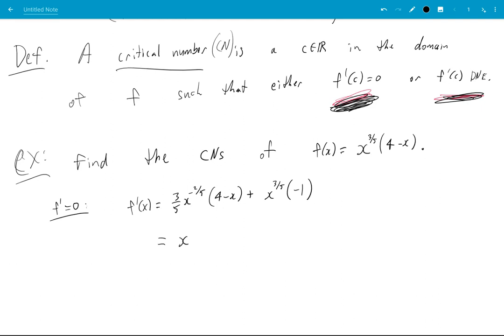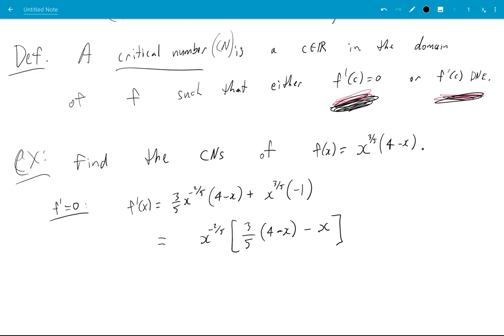Factor the smaller power of x, x to the minus 2/5. I could get fancier, but I'll just factor the smaller power of x and leave the fanciness for another day.